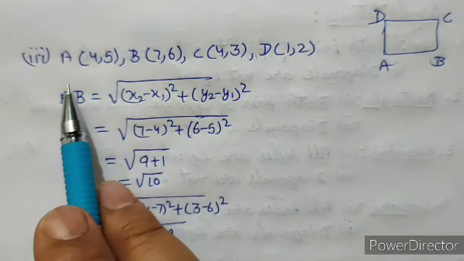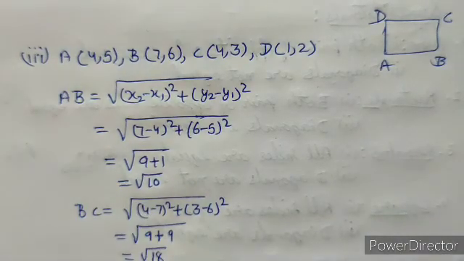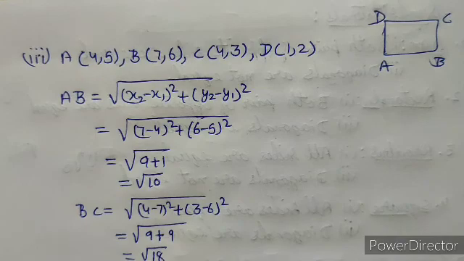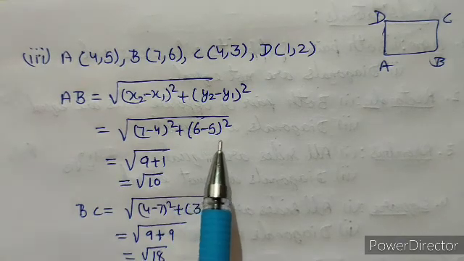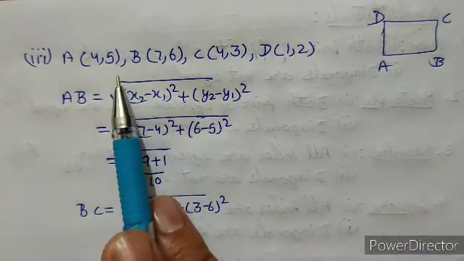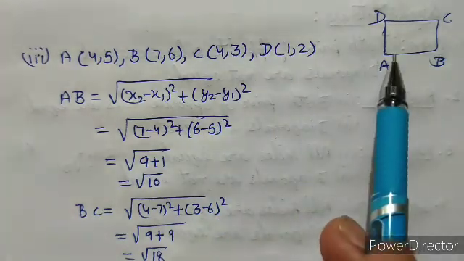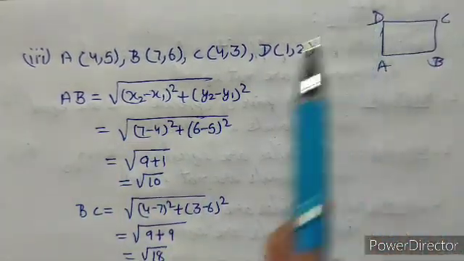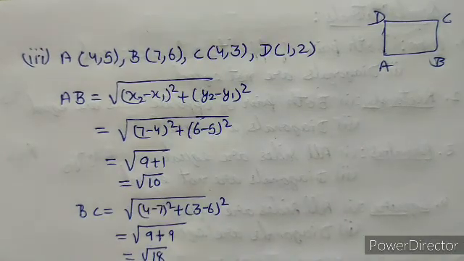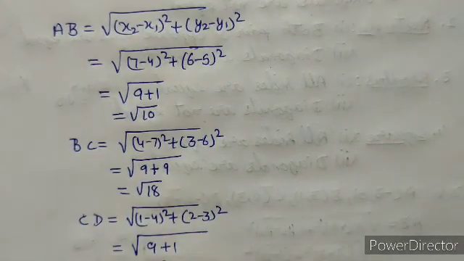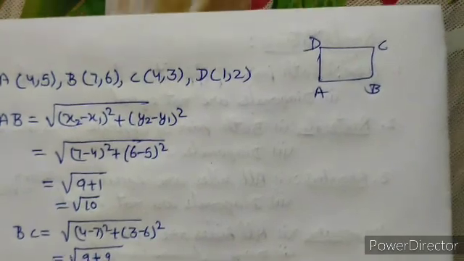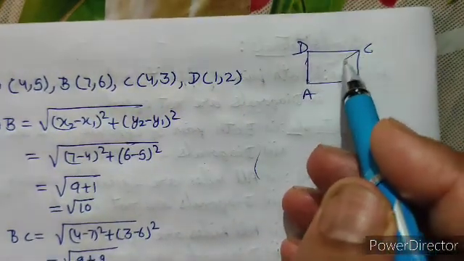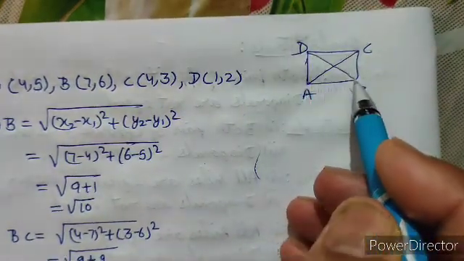Now, in the third part of question 3, the vertices of a quadrilateral are given to us. First of all, we will find out the sides of the quadrilateral, that is AB, BC, CD and AD, by using the distance formula. Then we will find out the diagonals of the quadrilateral, that is AC and BD.